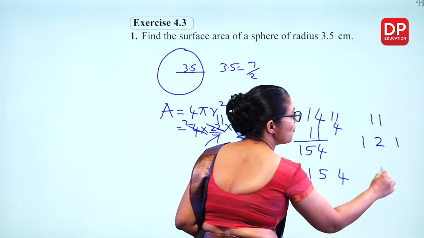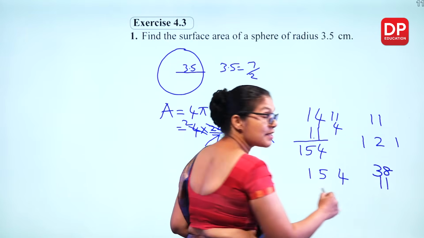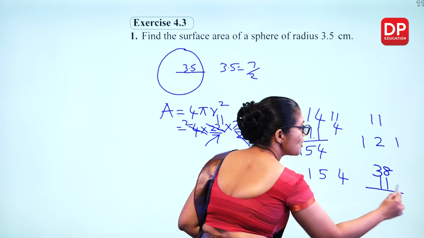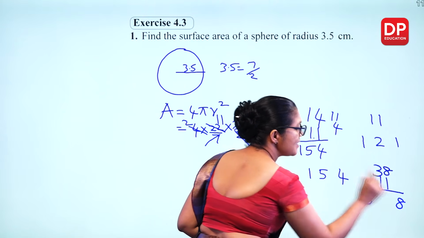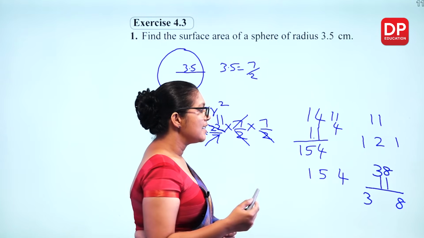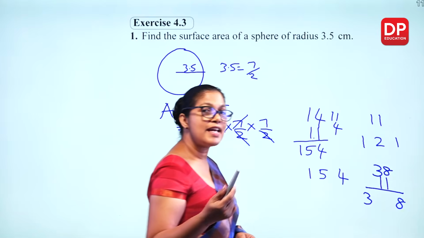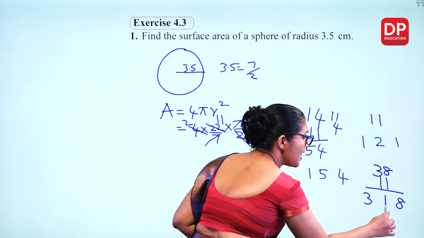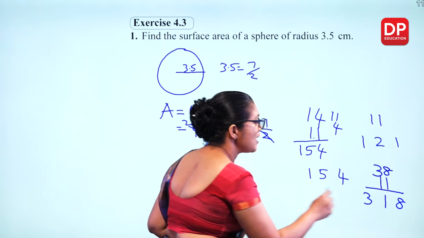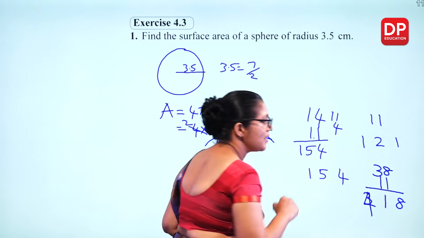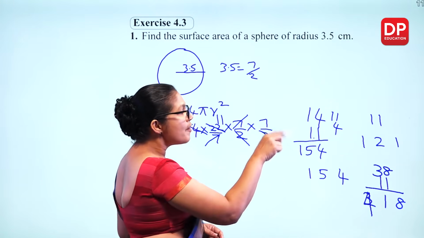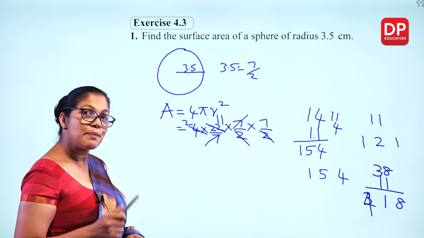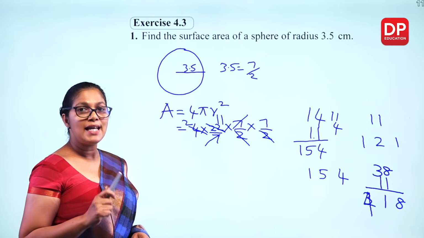If you want, for example, 38 multiplied by 11, what you do, you separate the first and the last, and then you add 8 plus 3, 11, but it's more than 10 now. So we'll write 1 there and take 1 to the other side. So 3 plus 1 becomes 4. So remember that method when you are multiplying any number by 11.